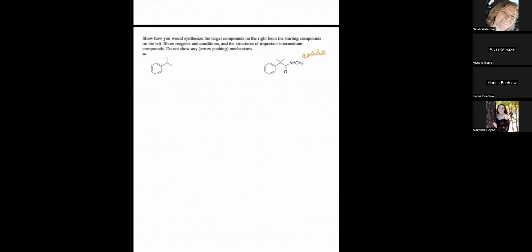The reagent on the arrow would be NH2CH3. Exactly. That's how we add this, right? So the Cl is replaced with the NHCH3.